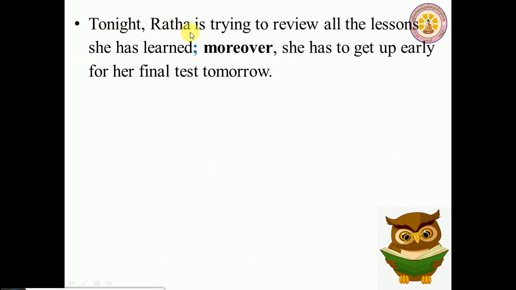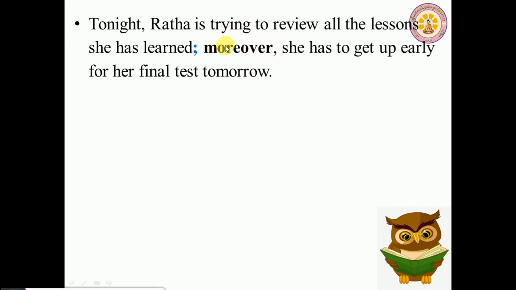Example 2: Nairotha is trying to review all the lessons she has learned; moreover, she has to get up early for her final test tomorrow. So here, moreover is the conjunctive adverb.